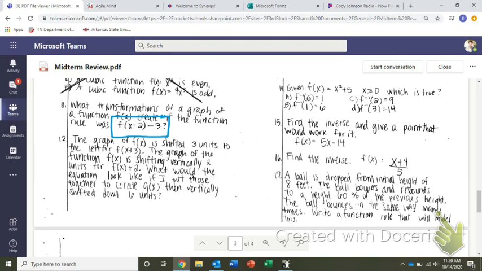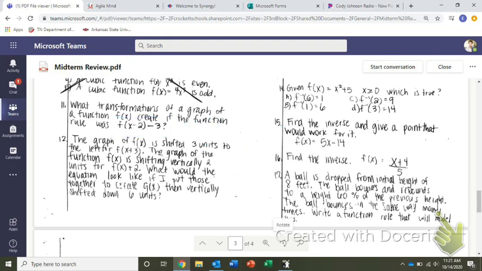If it says x minus something, it's going to the right. So this graph is going right 2. The number that's on the outside is your vertical translation. So if it's positive, it's obviously going up. And if it's negative, it's going down. Okay?